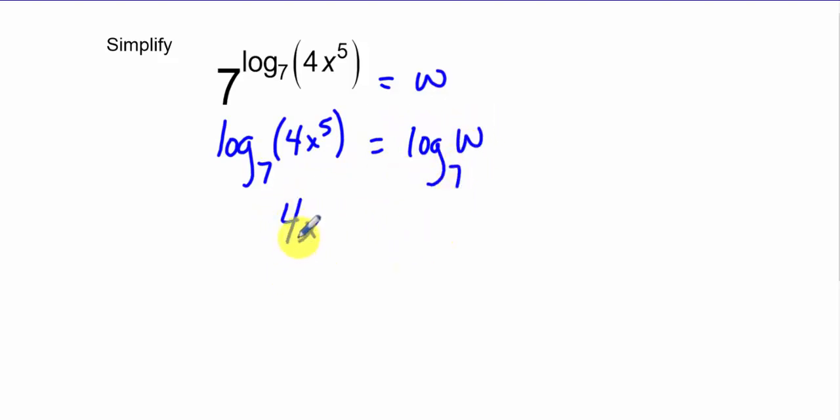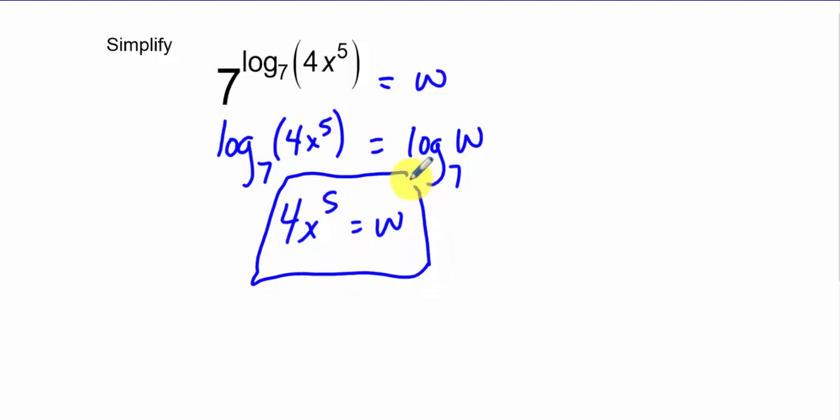Therefore, 4x to the 5th is equal to w. There's a whole property that says if you have the same base in the exponential as in the logarithm, then these kind of cancel each other out and you get this.